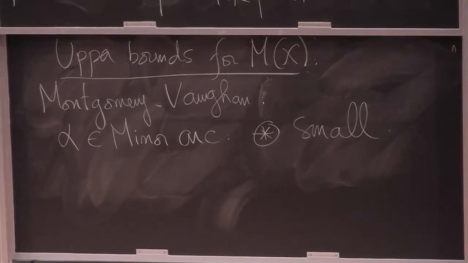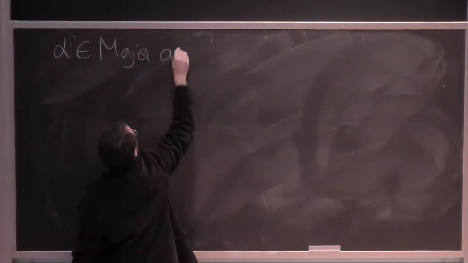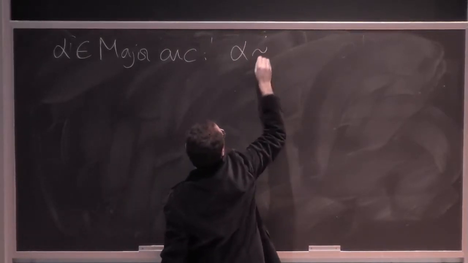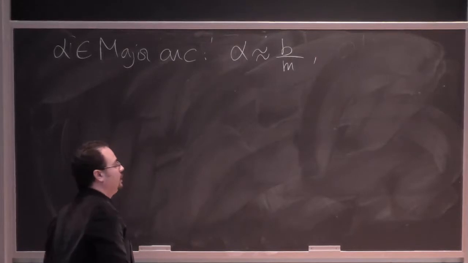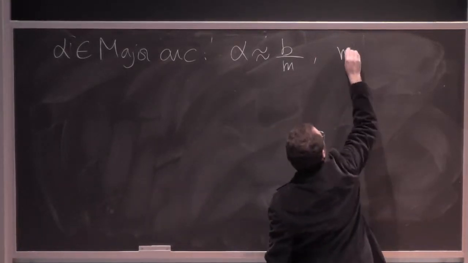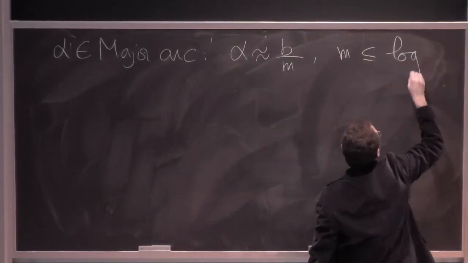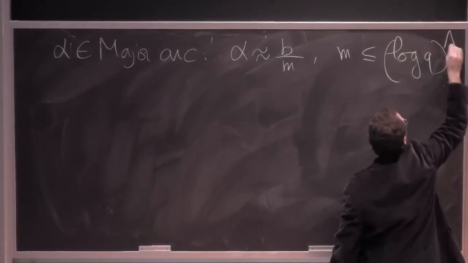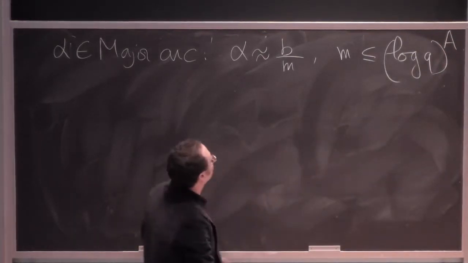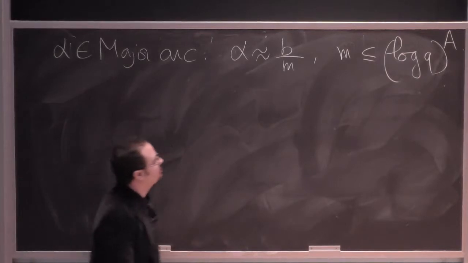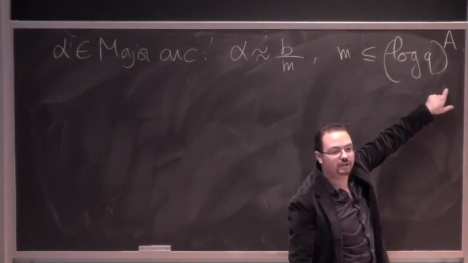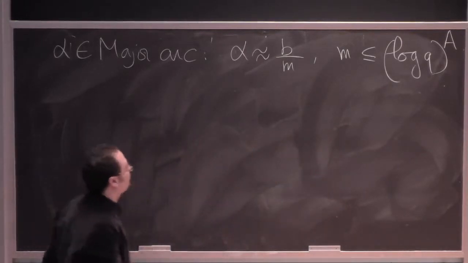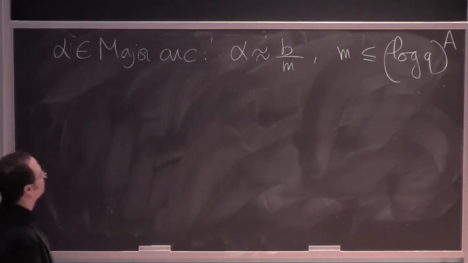So alpha in a major arc simply means that alpha is very close to b over m, with m a rational with a small denominator. So let's think of m as being less than log q to the power a. I'm cheating here because to consider the GRH case, you need log capital Q here, but it's fine. So everything gets scaled back to log Q.